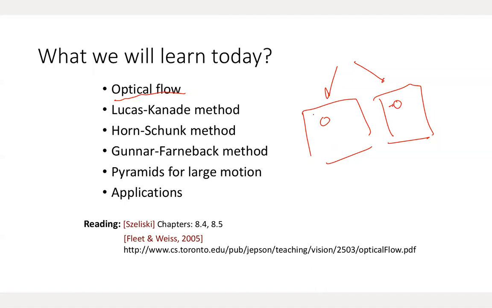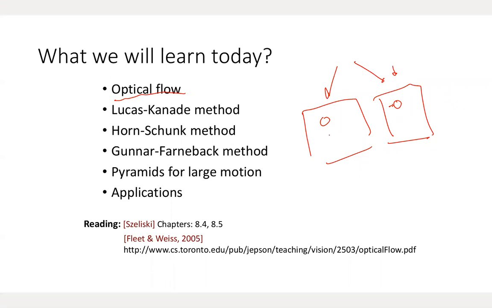What optical flow tries to do is estimate the changes in the second image from the original image. It's these observed changes from the perception point of view, from the optical point of view.